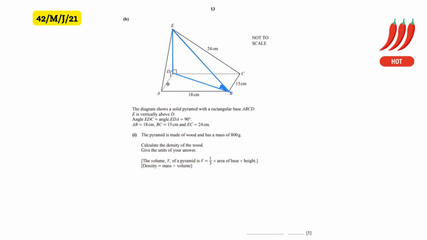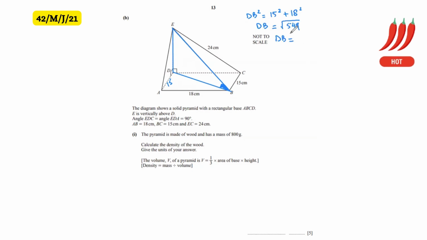So for that, we need to first find this diagonal DB. This is also 15, this is 18, so we can use Pythagoras. DB squared is going to be 15 squared plus 18 squared, which is going to give us 23.43 centimeters.